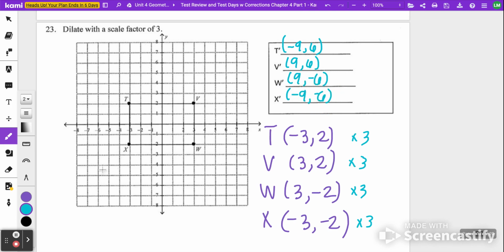Let's go ahead and plot those points and label them. I'm going to start with X prime. -9, -6 went off the border just a little bit. In fact, most of these will. That's okay. T prime, -9, +6. W prime, 9, -6.